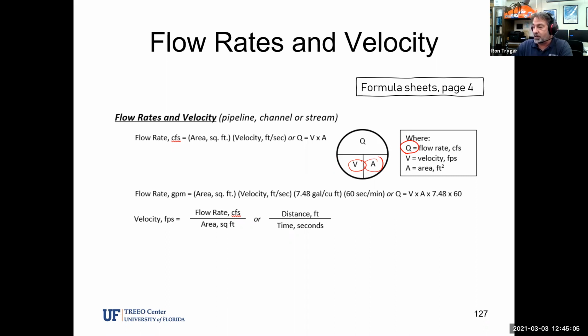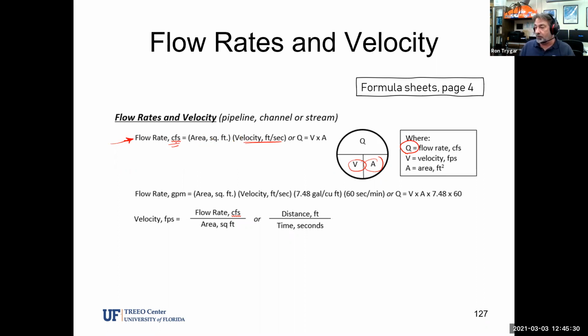So what you notice here in the first formula is that we come up with a value of cubic feet per second based on the cross-sectional area of a pipe, multiplied by the velocity that we are given or that we measure in a pipeline. So the formula is essentially velocity times area is going to give me the flow rate.